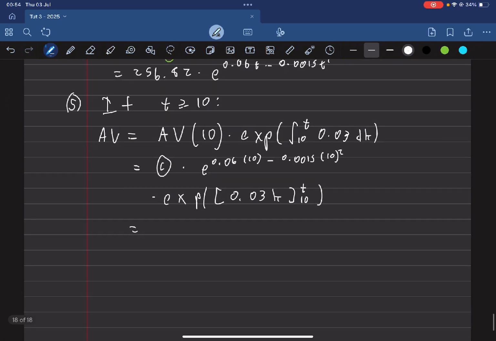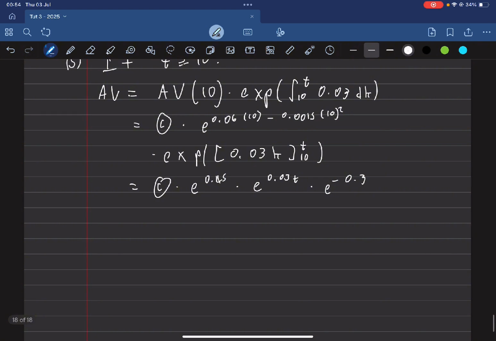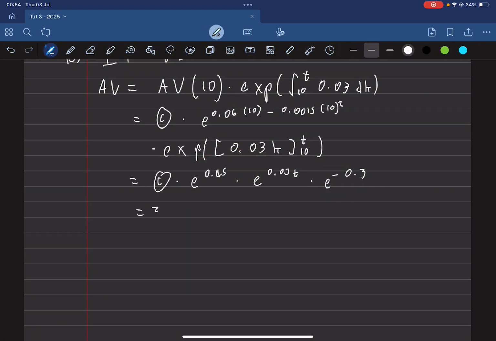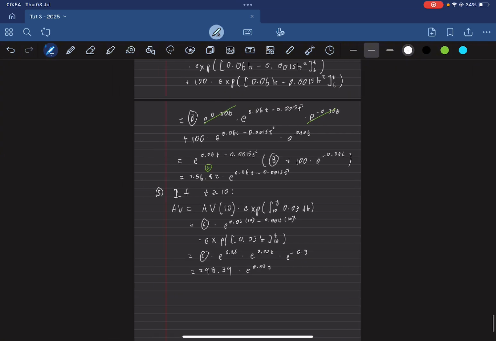That's going to simplify to c times e to the 0.45 times e to the 0.03t, we sub in the t into this one, and e to the negative 0.3 when you sub in 10 and then times -1. Cool. So if we multiply all the constants, we're going to get 298.39 times e to the 0.03t. Okay, and that's our fifth interval.